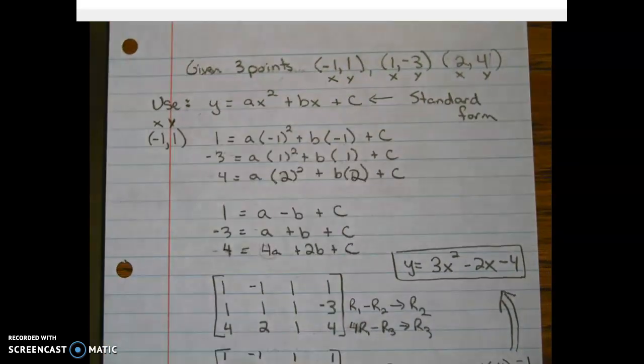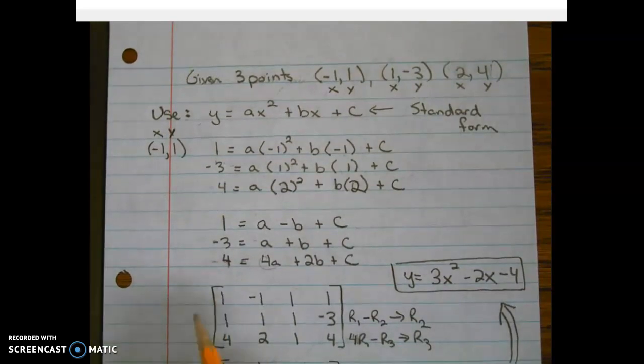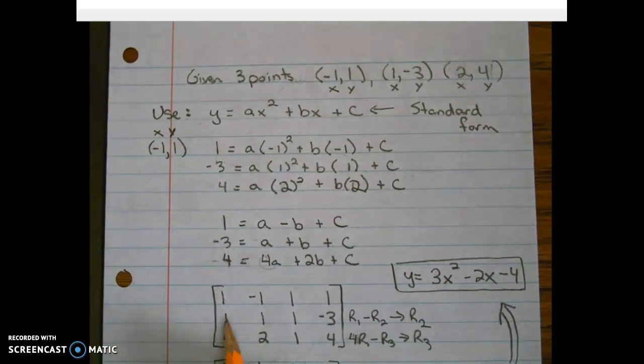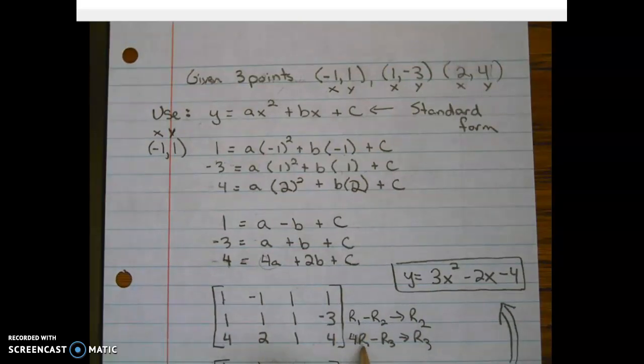Then the row operations I decided to use, since I had a 1 up here, I went ahead and subtracted row 1 and row 2 to get my 0 here. That's what I have here. And then I multiplied row 1 by 4 and subtracted row 3 to get my 0 here.